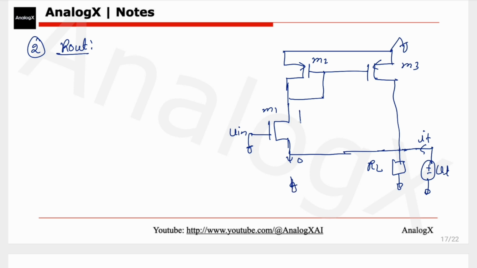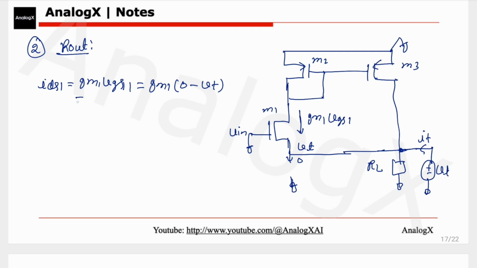And then what will be this current again? If this voltage is Vt, this voltage is also Vt. So this current will be gm times Vgs1, that is IDS1. So that will be gm times Vgs, where the gate is 0 and the source voltage is Vt.